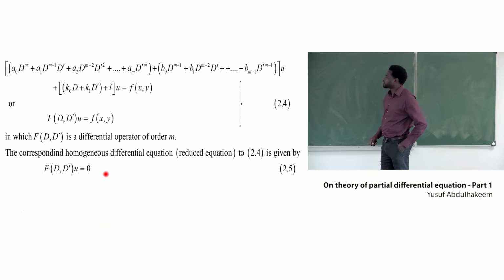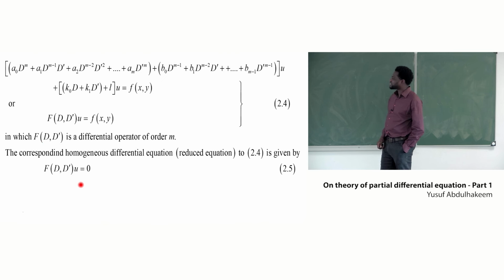Then the corresponding homogeneous differential equation reduced from 2.4 is given by 2.5. By the time we set f of x comma y equal to 0, this is what we call the homogeneous differential equation, because the right-hand side is simply equal to 0.